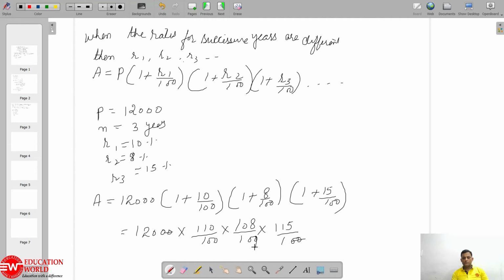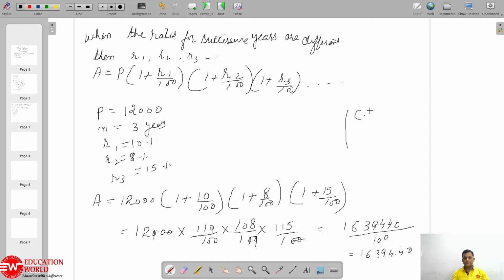So here 10, here 10. When you multiply, at the end you will get 16,394.40.